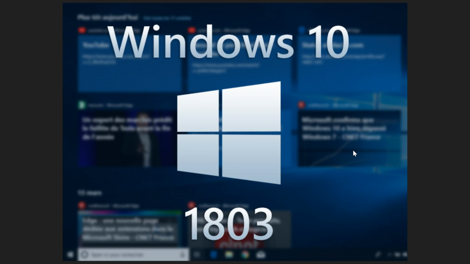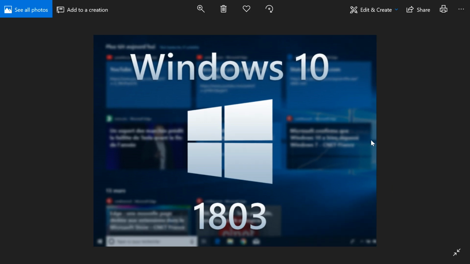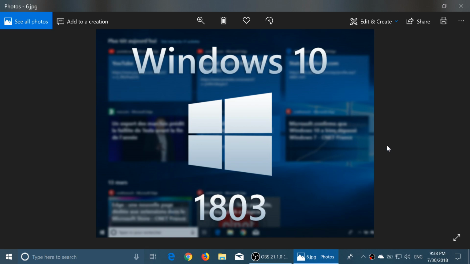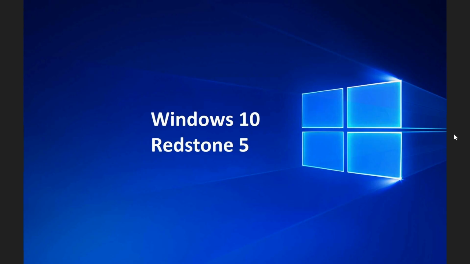And so starting from here, we're now going to the future. What's next? What's coming next? Well, what's coming next basically is the next version, which still doesn't have a name. And the reason it doesn't have a name is because we're still a couple of months away. Windows 10 Redstone 5.